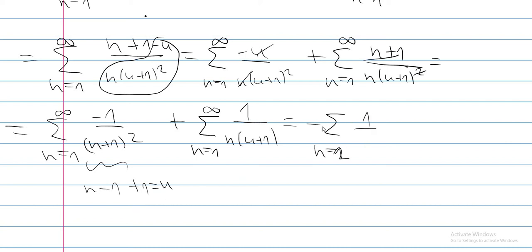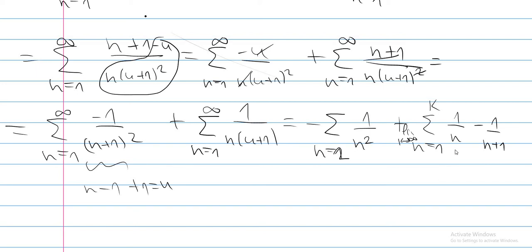So we will have minus the sum of 1 over n squared plus, and we will decompose this sum into a sum going from n equals 1 to k, when we will take a limit as k approaches infinity of 1 over n minus 1 over n plus 1.